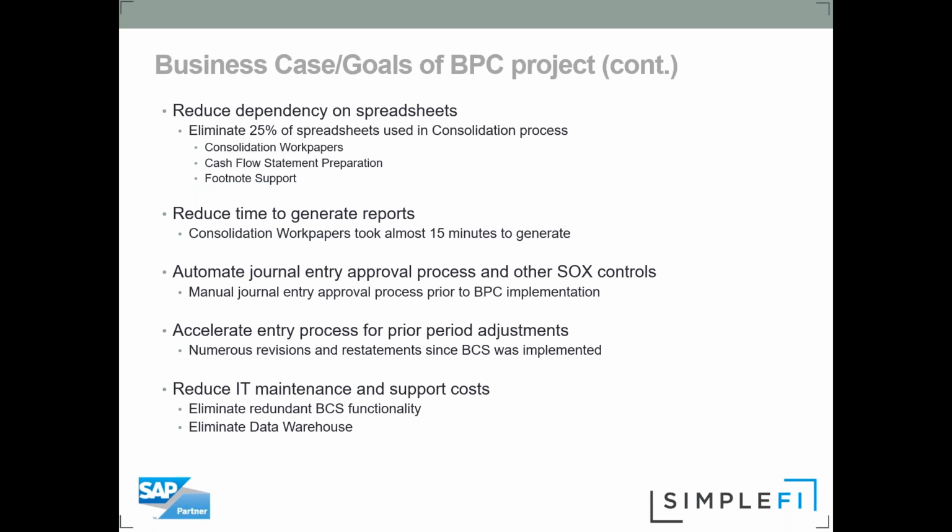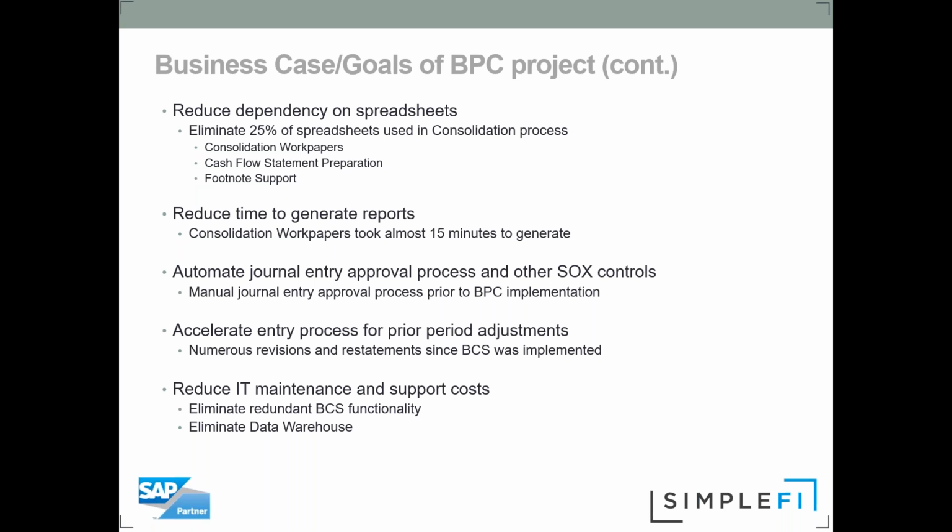It was very difficult for them to compile every month. The other piece is their cash flow was completely manual as well, so having to prepare that, and then have supporting documentation for their footnotes. So that was a big one, to try and reduce the dependency on all the spreadsheets that they were creating.